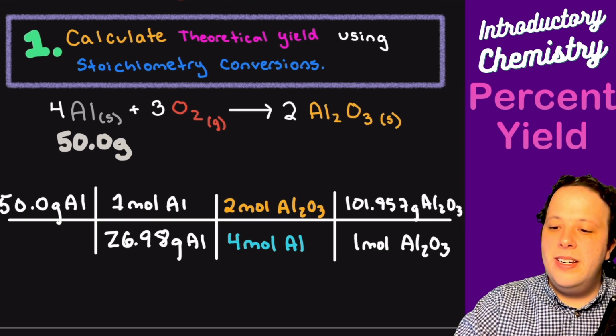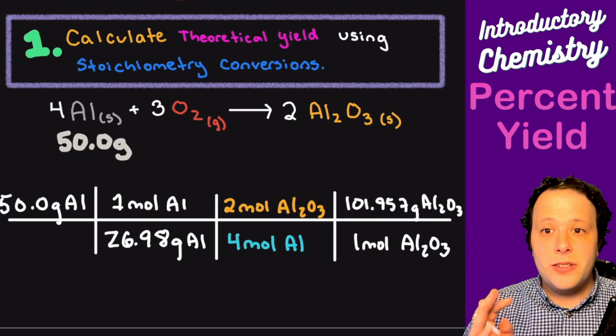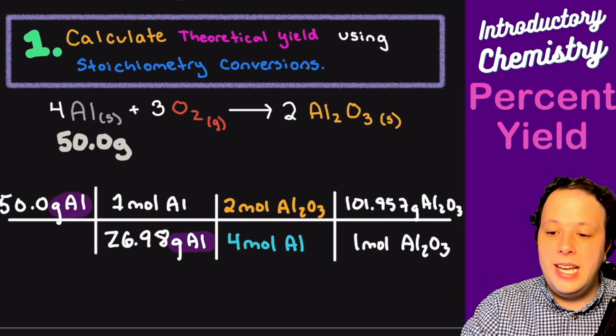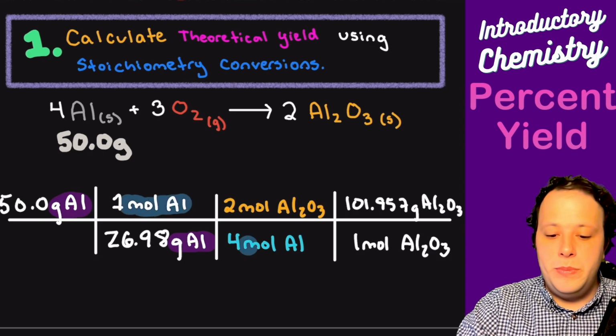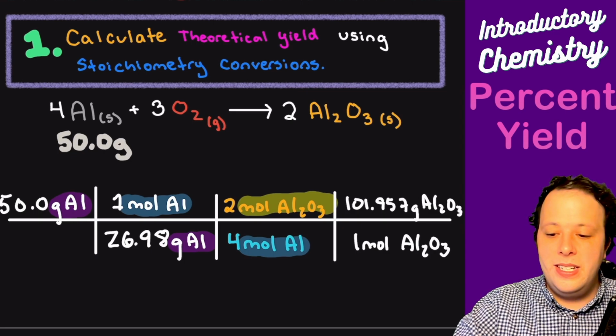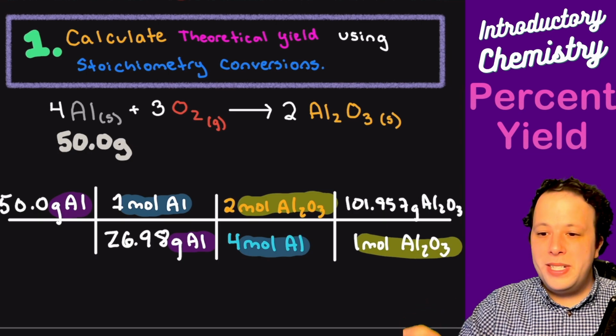Now, before we continue, we want to double check, did all of our units cancel properly? So we see grams are opposite each other. They canceled. Moles canceled moles of aluminum. And then moles of aluminum oxide canceled moles of aluminum oxide, leaving us only with the grams.